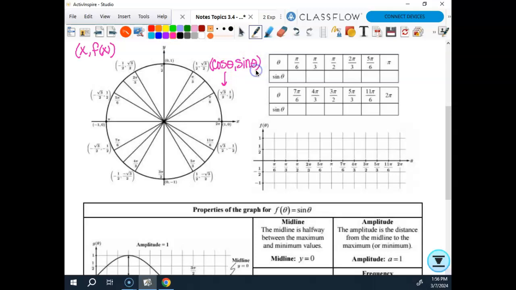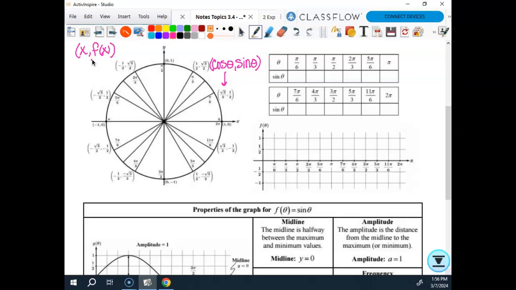X is not my input. I do not input cosine to get sine, right? That doesn't make any sense. My input is theta. So my x value is a function of theta, and my y value is a function of theta. Does that make sense? So technically we have three variables. We have x, y, and theta. Where here we just have x and y, okay?